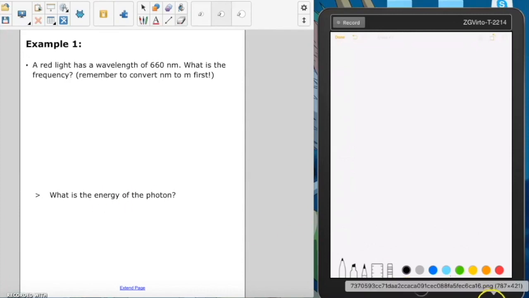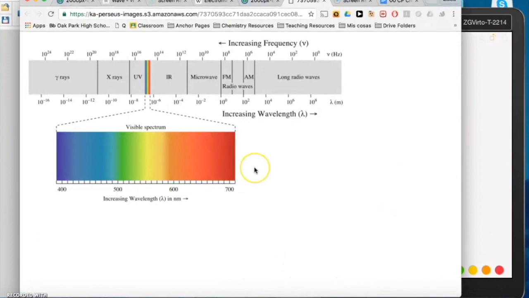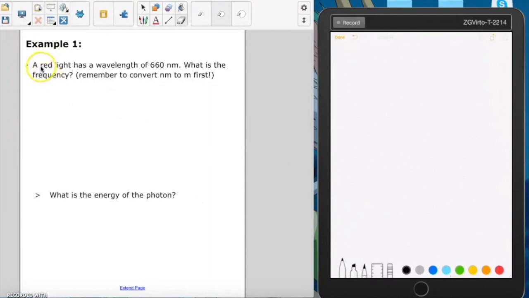Remember, light behaves like a wave that has a specific wavelength and specific frequency. And if we talk about visible light, the visible light is going to be the combination of all the colors in the visible spectrum, and each of the colors is going to have one wavelength, one frequency and a certain amount of energy. In this case, the problem is telling us that we have red light that has a wavelength of 660 nanometers.